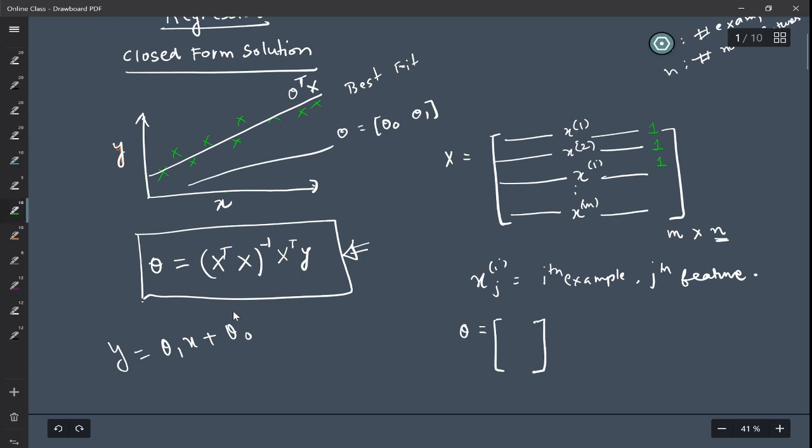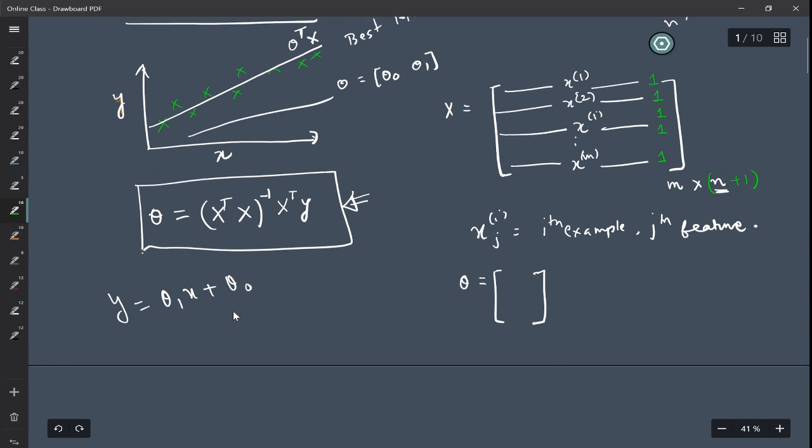So n becomes n plus 1 dimensions, and theta also has dimensions n plus 1 cross 1. This is a vector of n plus 1 dimensions, and the parameters are theta naught up to theta n.